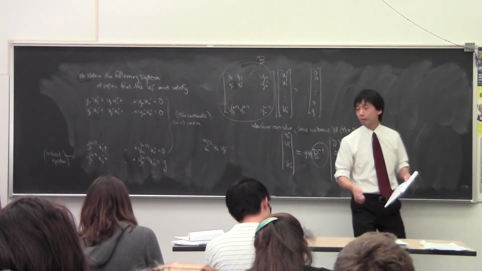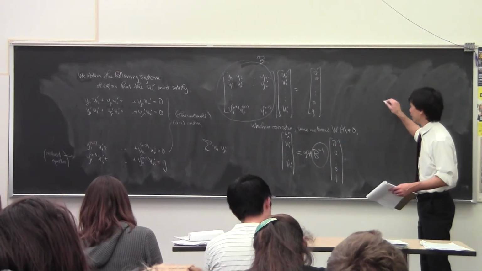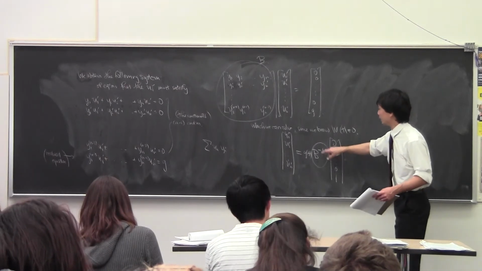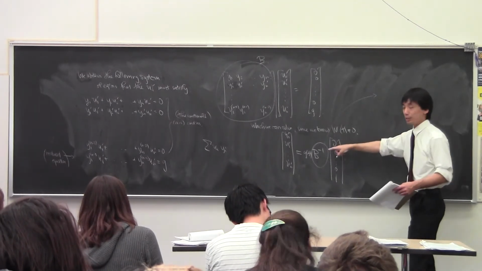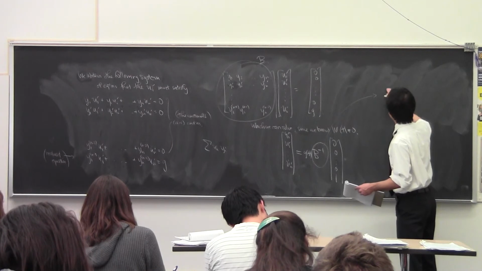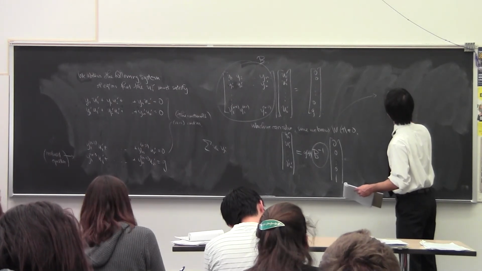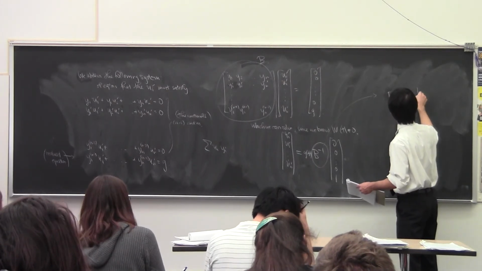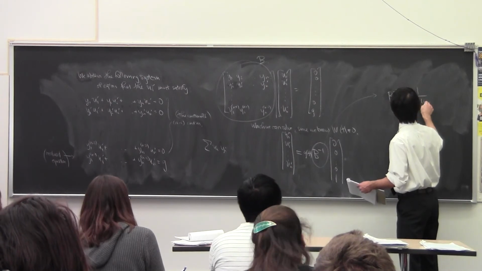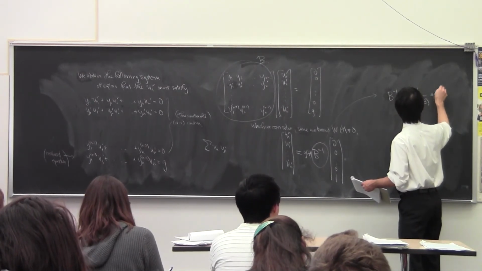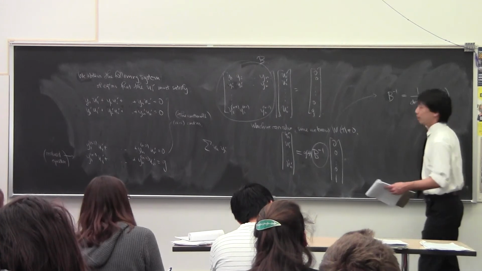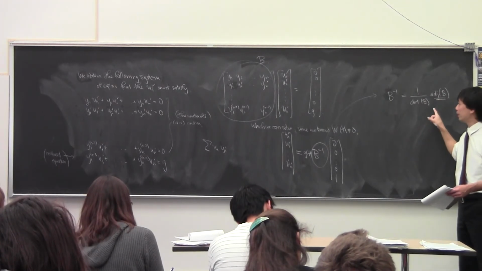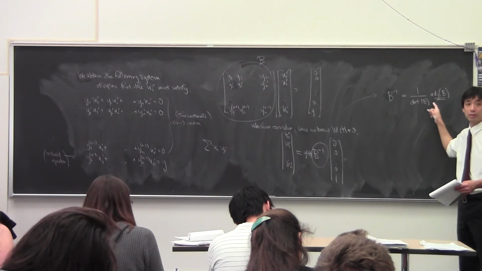For those of you who want to refresh your linear algebra, recall that the inverse matrix can be expressed as 1 over the determinant times the adjoint matrix of B. That is, we know exactly what the inverse matrix looks like.